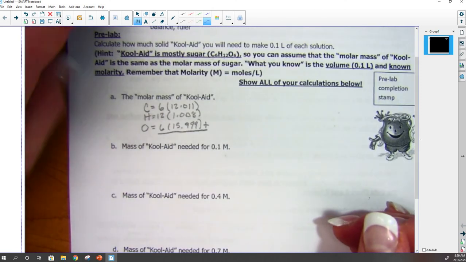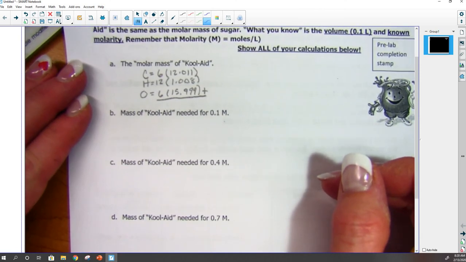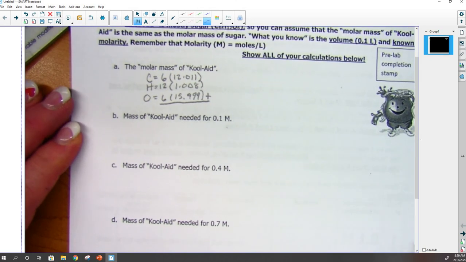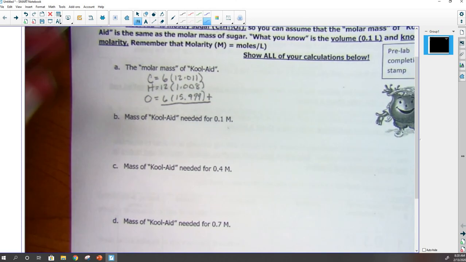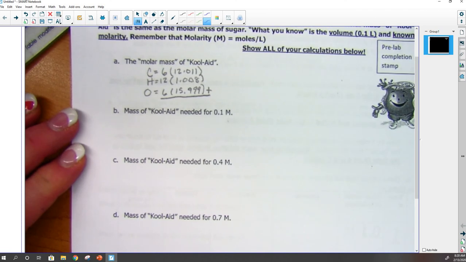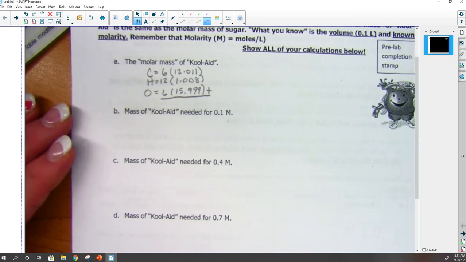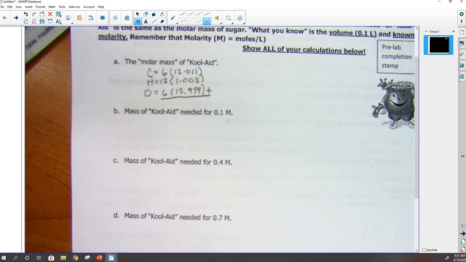Calculate it through, see if your partner or your person next to you on both sides, if you have two, got the same answer that you did.